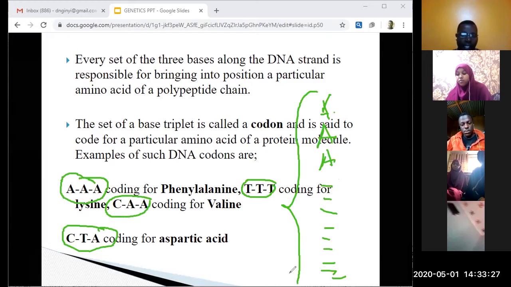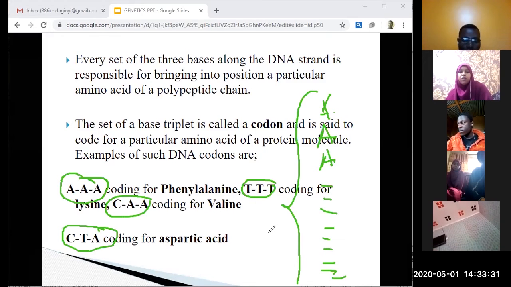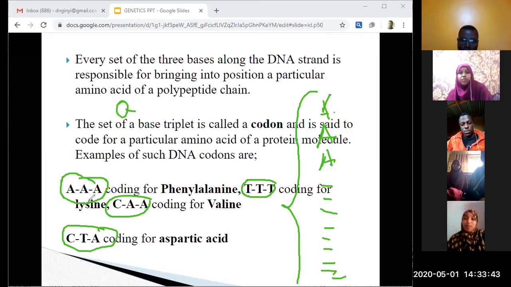So what happens is that now in a protein molecule, the first amino acid molecule will be phenylalanine. Assuming that is phenylalanine, it will come first, and this will be linked to racine. Let's assume that this is racine, and then we have valine. Let's assume that that is valine, and then we have the aspartic acid.